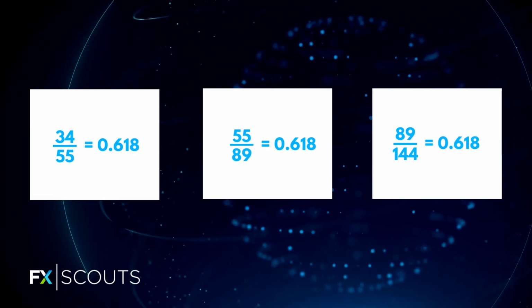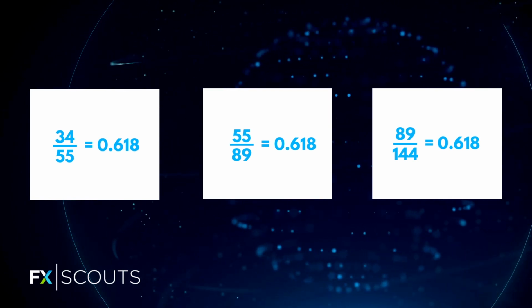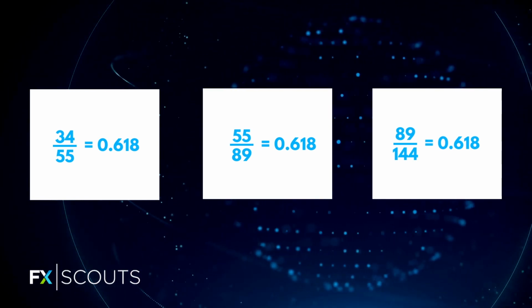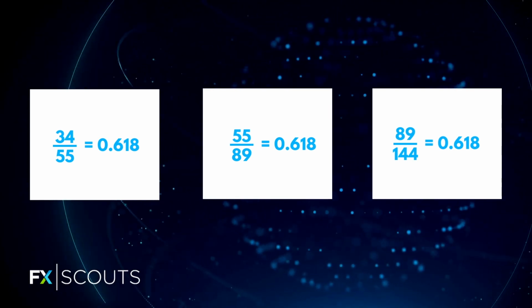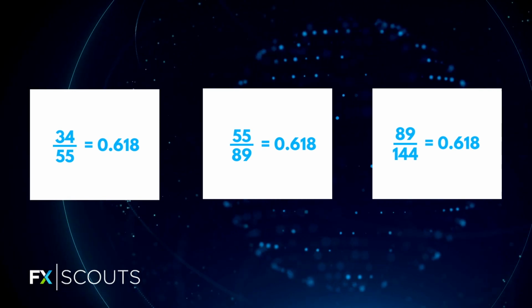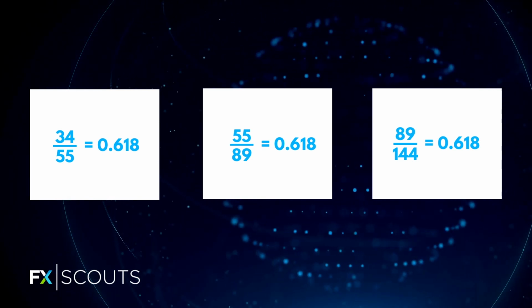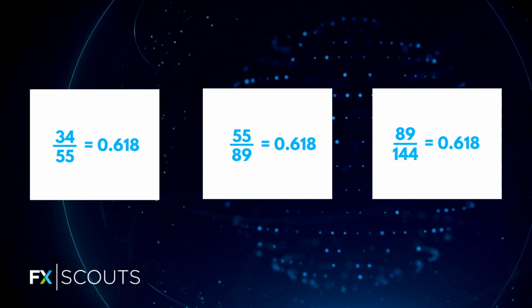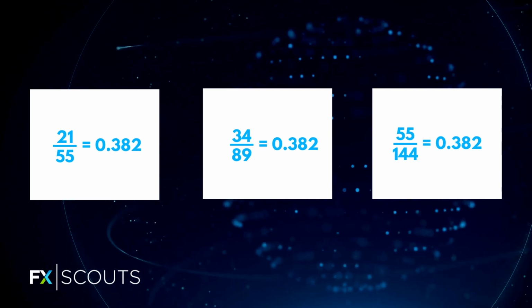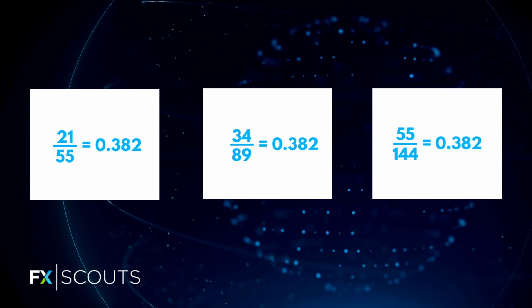So if you divide 34 by 55, you get 0.618. If you divide 55 by 89, which would be the next two numbers in the sequence, you would get 0.618. And if you divide 89 by 144, you would get 0.618. Also, the ratio of any number to the number two places ahead in the sequence is always 0.382.